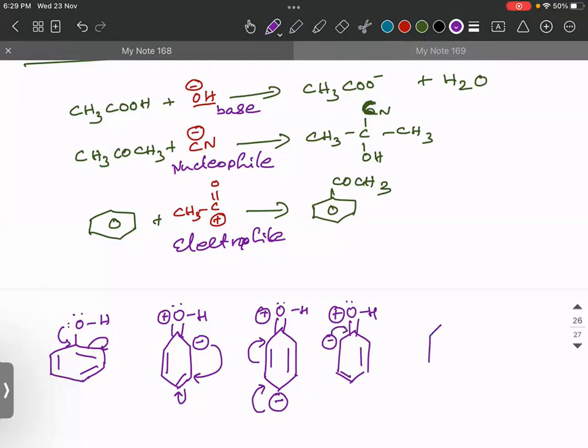One more arrow. So that minus goes to the positive side, in the double bond only.